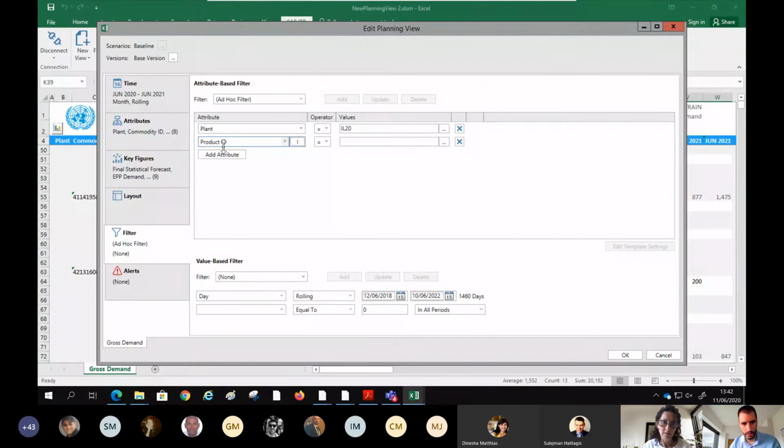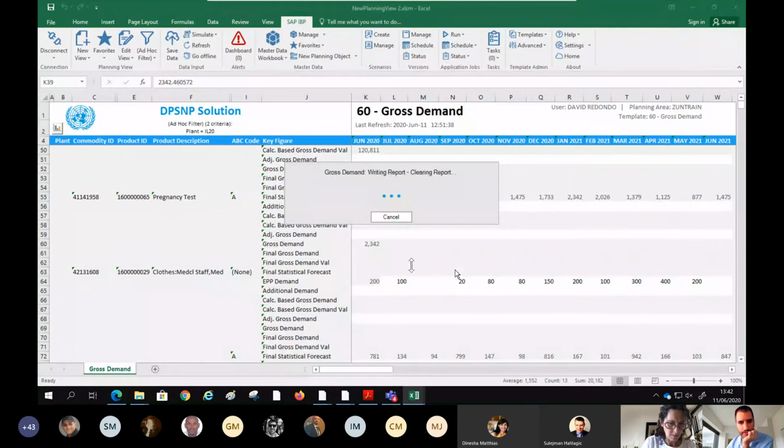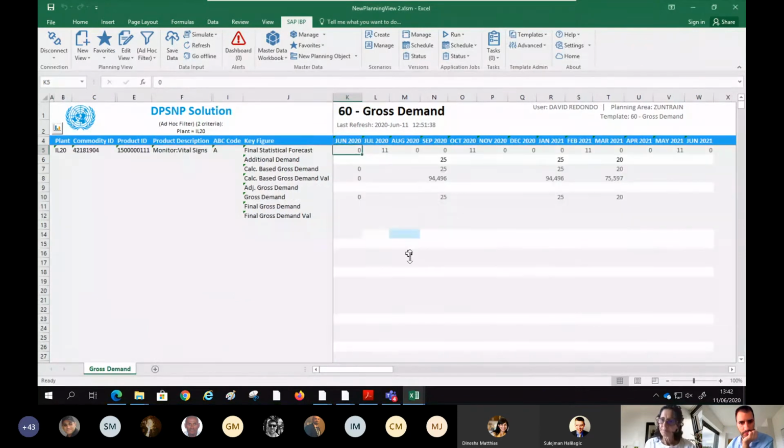This one, for example, I think had some additional demand, so you see that it's extracted in the system. This one had a final statistical forecast. This is the monitor vital signs, so it has an additional demand.